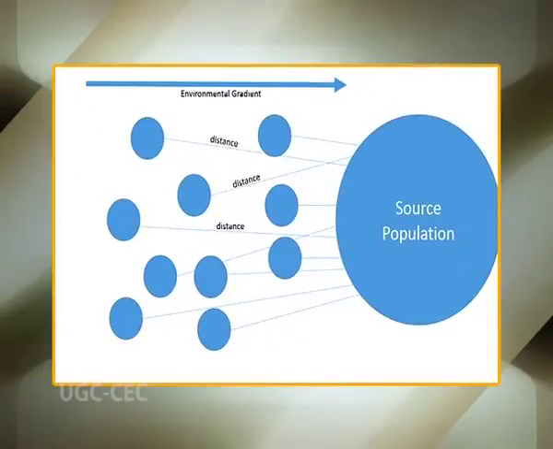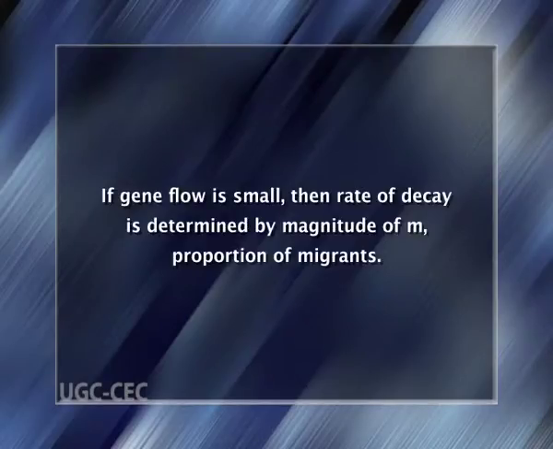If there is linkage disequilibrium between loci in the source populations, then this will contribute even further to the non-random associations of alleles. Population subdivision has the effect of reducing the rate of decay of linkage disequilibrium. If gene flow is small, then the rate of decay is determined by the magnitude of M, the proportion of migrants.